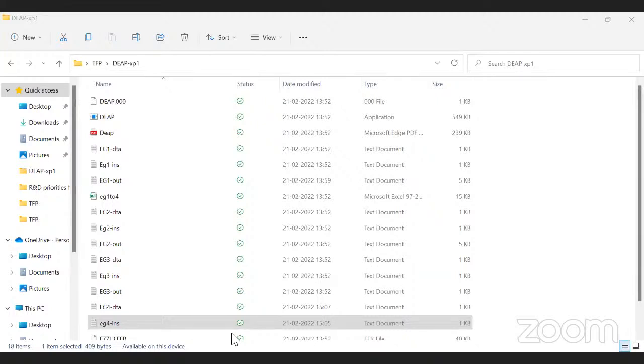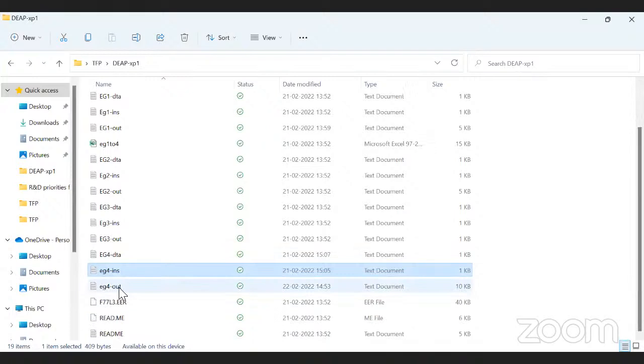And by typing and after entering it, this is the output file it will give here.